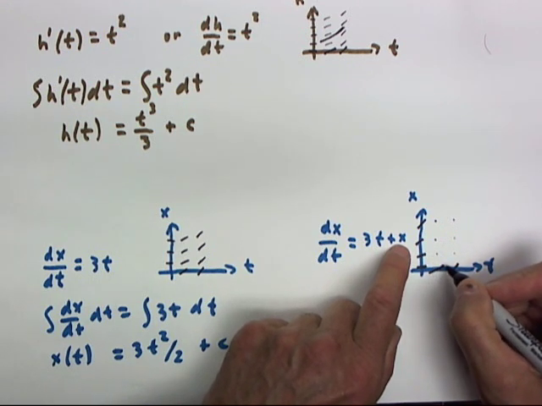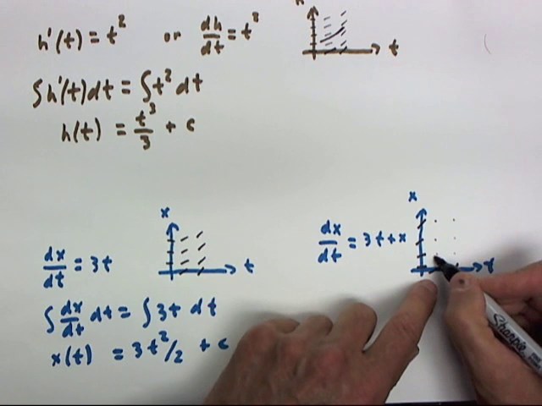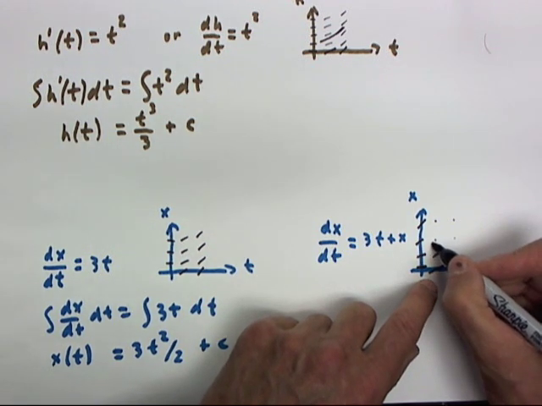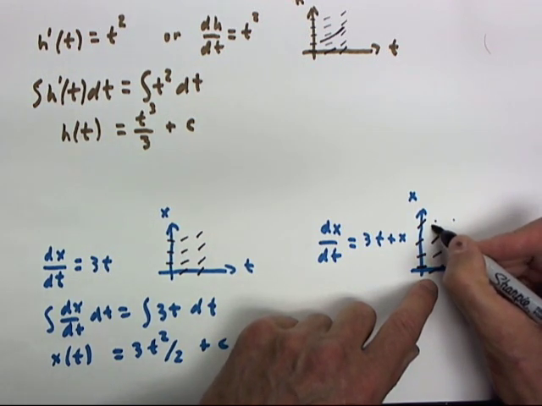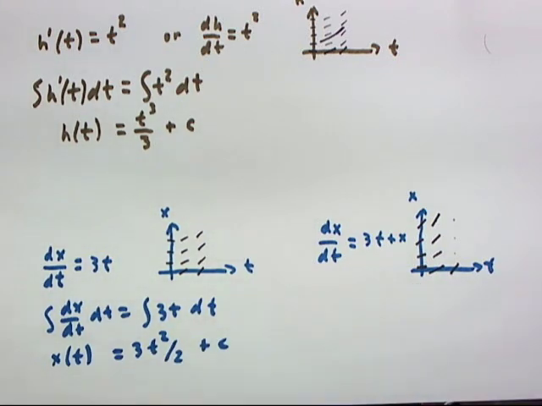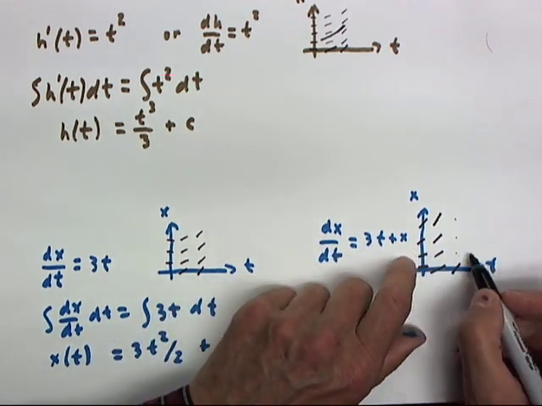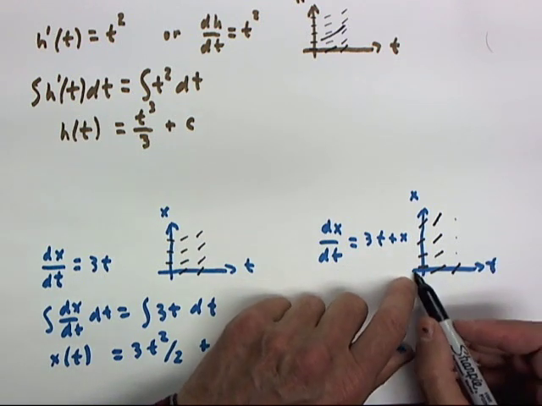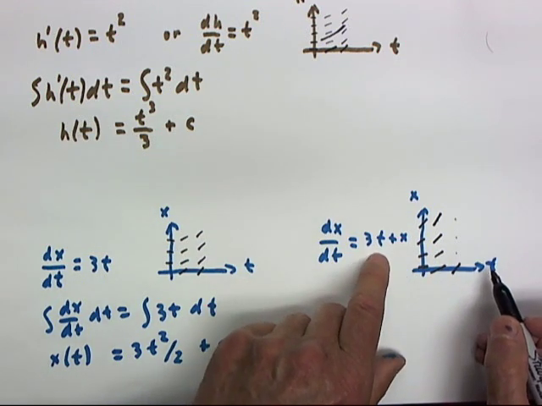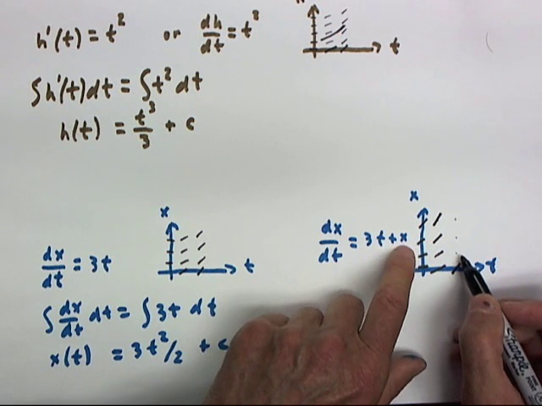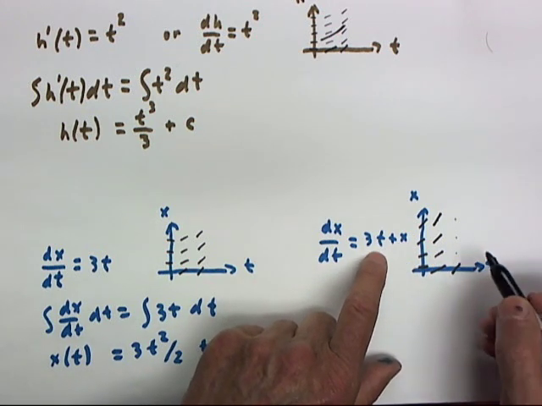So we've got a slope here. Our next slope is going to be a little greater. Our next slope will be a little greater. Our next slope will be a little greater. And also, as we move to the right along horizontal lines, our values of t are increasing. If we move along a horizontal line, x stays the same, but t increases.